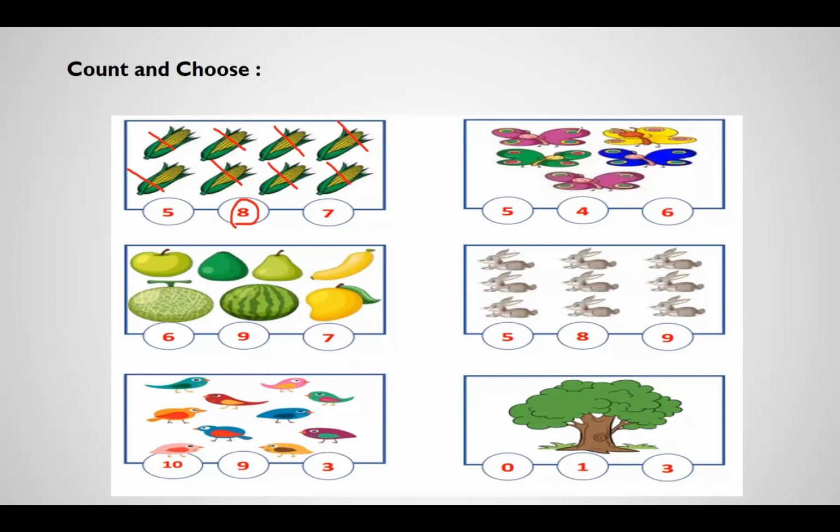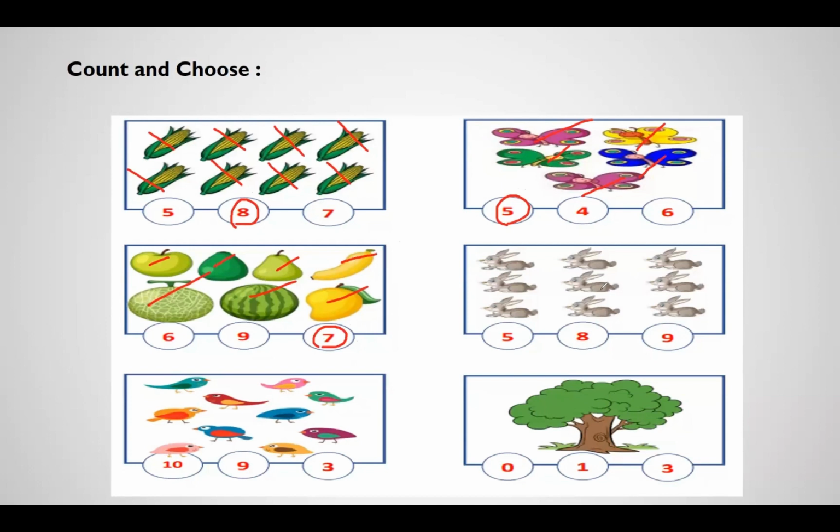Count with me the second one. Here 1, 2, 3, 4, 5. They are 5. What about these fruits? Can you count? 1, 2, 3, 4, 5, 6, and 7. Yes, so they are 7.